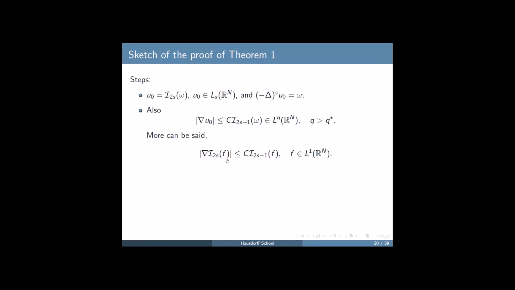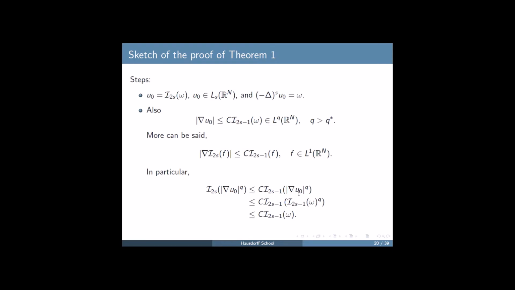Indeed, this relation holds for any function f in L^1 of R^n. It is just an inequality. So we can apply this inequality to the function gradient of u0 to the power q, which is in L^1 of R^n. By this inequality, the Riesz potential of order 2s of this part can be controlled by this term here.